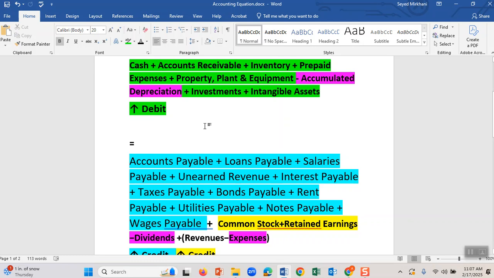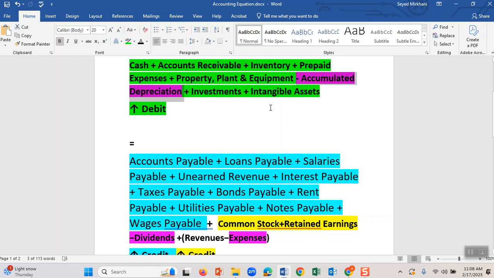Now, one question you have is why did we put this accumulated depreciation here? This is very important for many of you who take accounting or intermediate accounting and other courses, or work for organizations, and you have to create this accounting equation. Your question would be, why did I put this one in pink color and not in green?